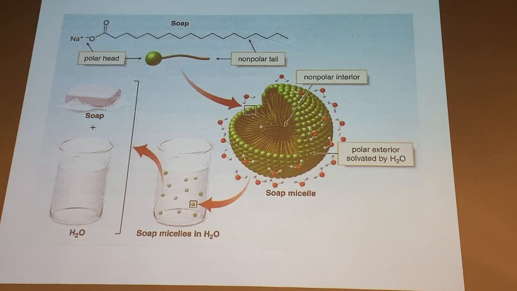And so when this sees a greasy surface, it can take that grease or that stain material and partition it into the interior of the micelle. And then you can wash the micelle away, right? Okay. So soap takes time in order to clean a surface. You've got a lot of nasty, dirty pans in the sink and you think, how come the soap's taking forever to clean this thing?